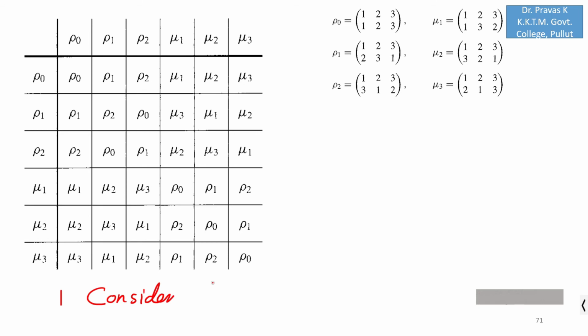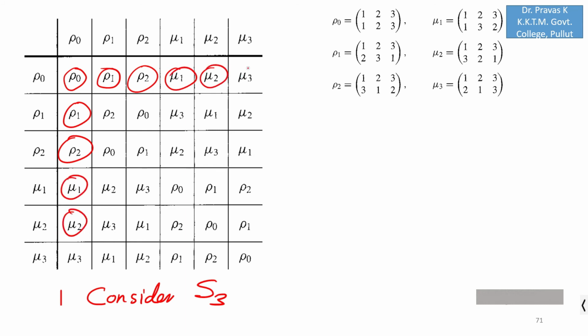Now you consider an example, that is S3, and let us calculate the center of S3. If you consider the column and row corresponding to the element rho naught in the table structure of S3, you can see that the row and column are the same, which means that rho naught is an element in the center of S3.